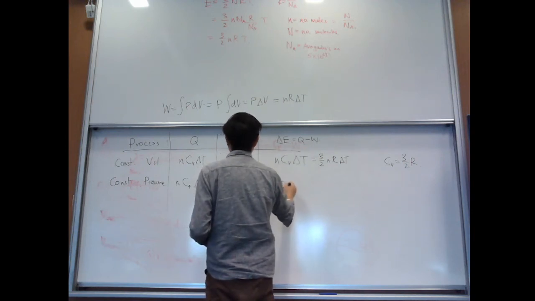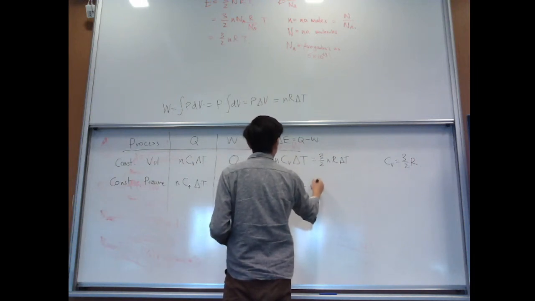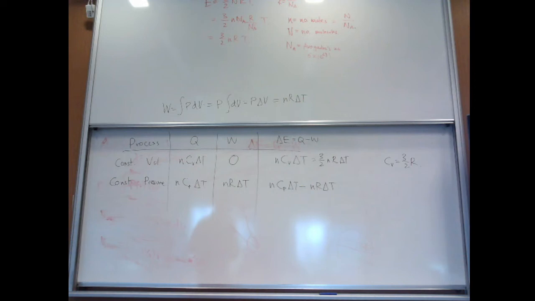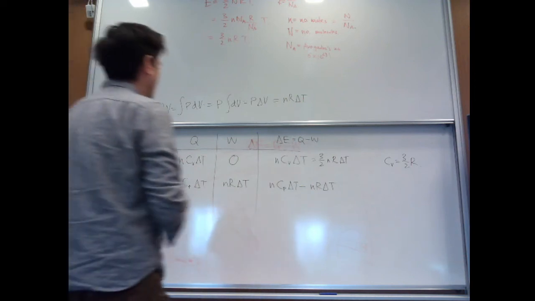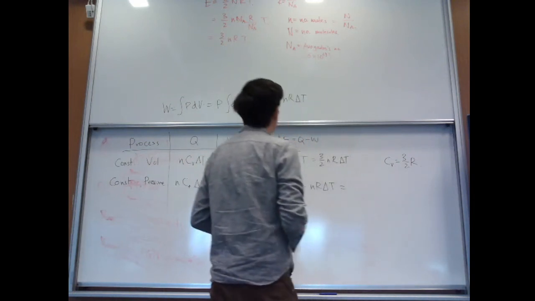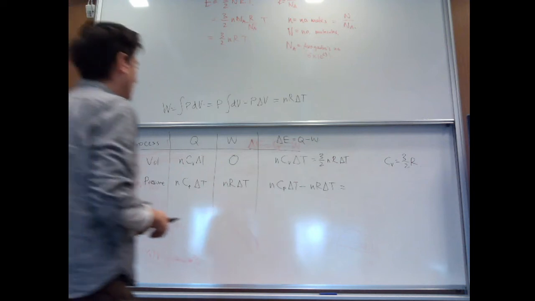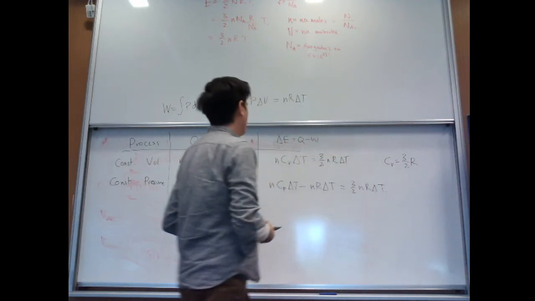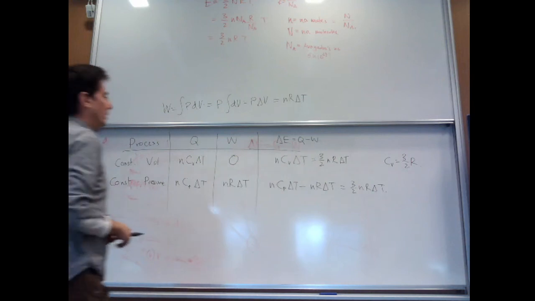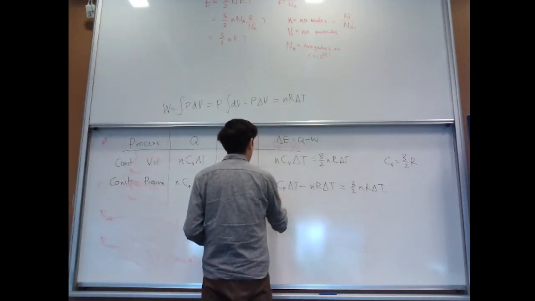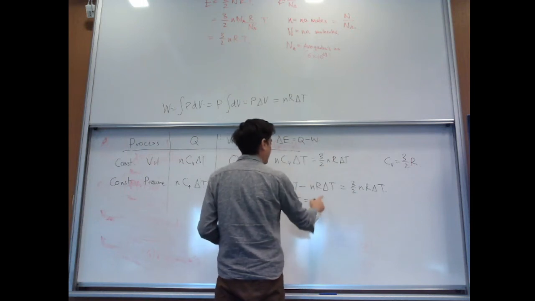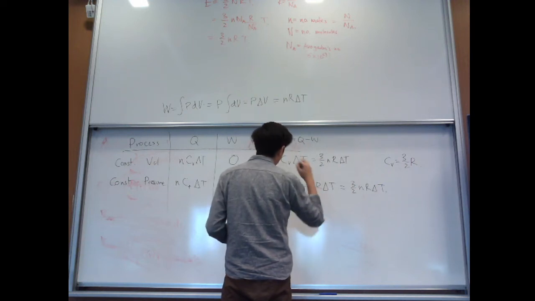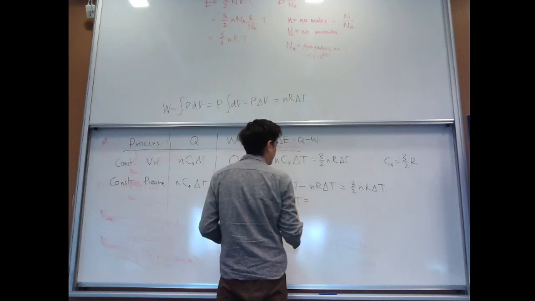So Cp delta T minus the work. This thing should again just be equal to 3/2 nR delta T. So if we just rearrange this equation, then we can figure out Cp delta T, and then just put this on this side.